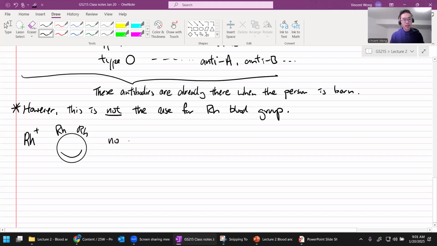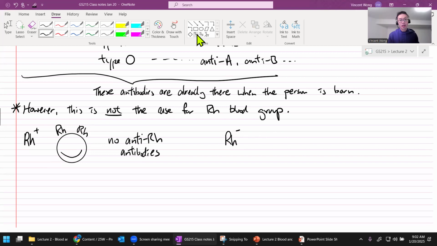Then there will be no anti-RH antibodies. Remember, you cannot make antibodies that would target things that you have. If you make anti-RH antibodies and you are RH positive, those antibodies will attack your own cells. And that's not good, right? So positive people will not make anti-RH antibodies.